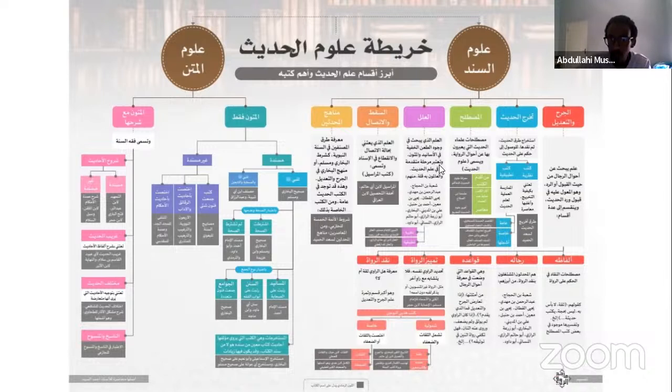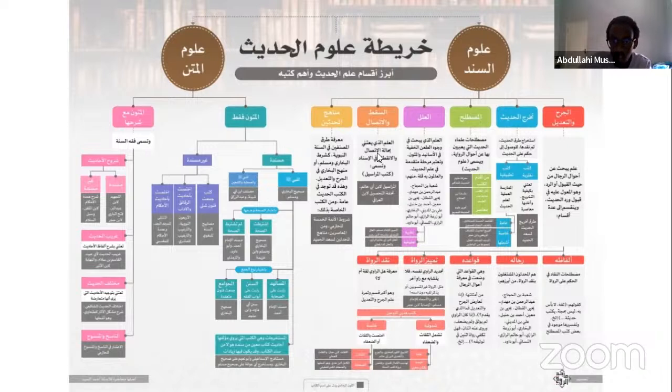It says over here that this is considered an advanced level in hadith studies. That's why I was mentioning the idea that only the masters of this science can identify ilal in a hadith, can identify defects in a hadith.